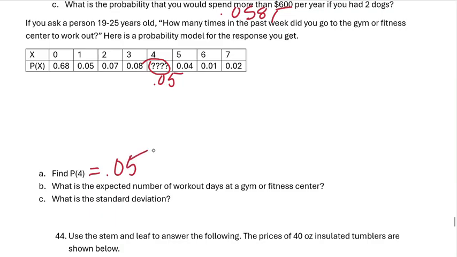And then we have to find the expected number. So stat edit, we're going to type this probability distribution in, and then the expected number is the mean. I'm typing in those probabilities.